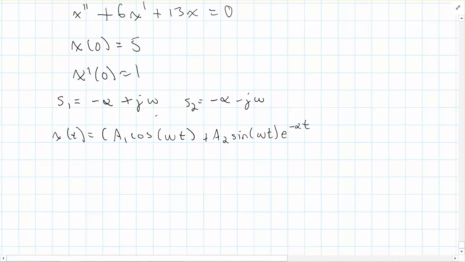So sorry about that little sign mistake there, but it's very important that that's minus alpha.